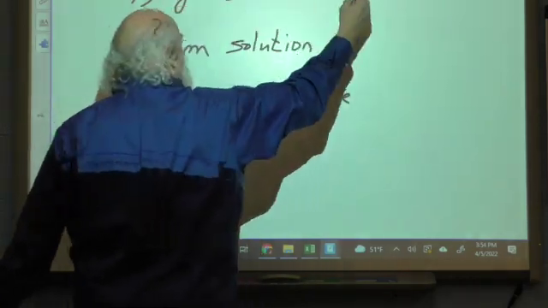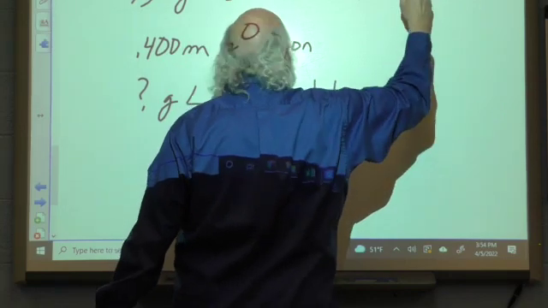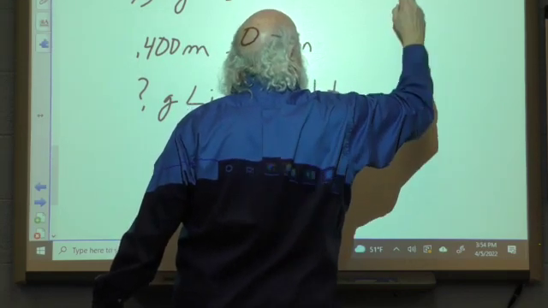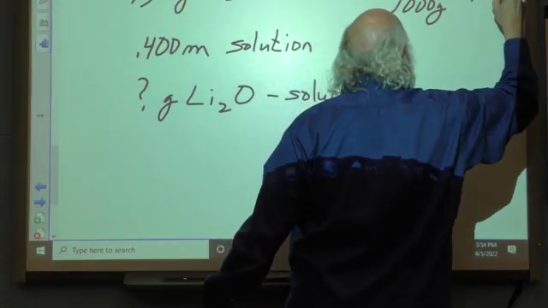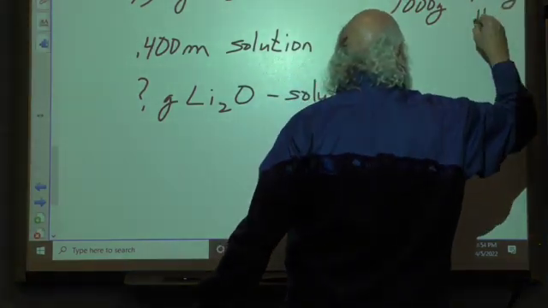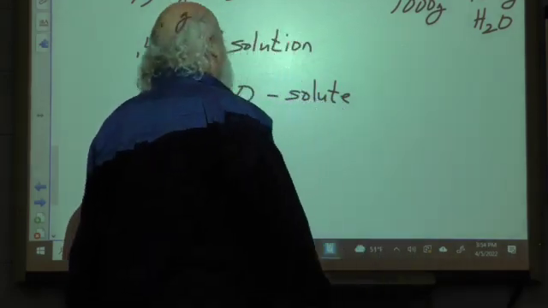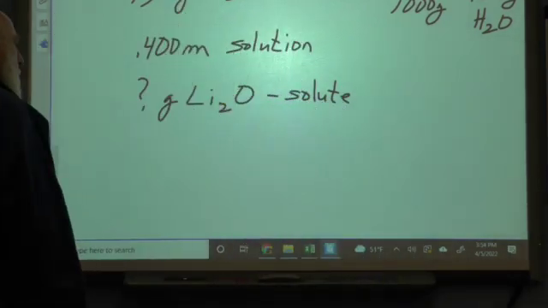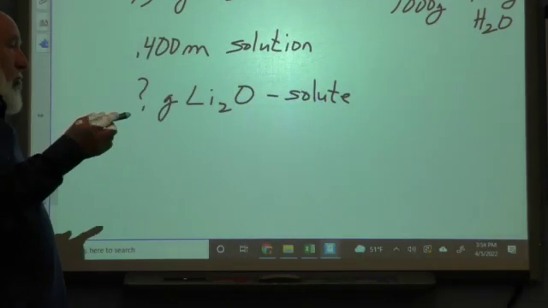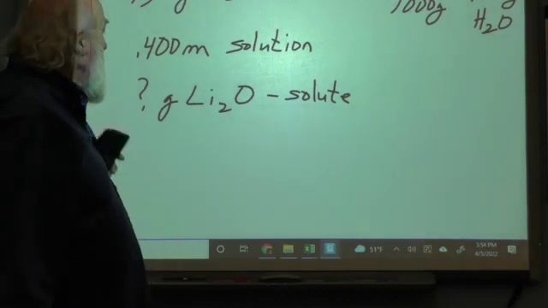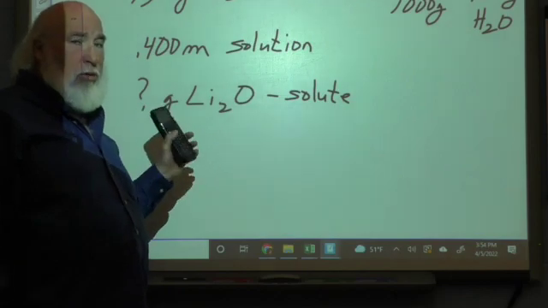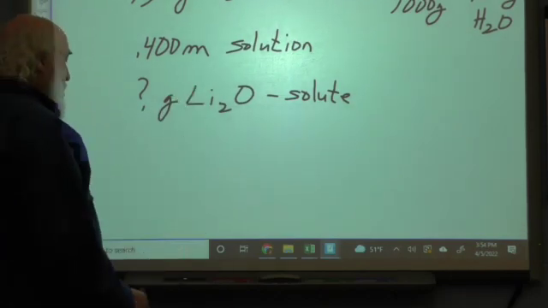So we can change this to kilograms, which we need to do. So 1 kilogram on top, 1,000 grams on bottom, and we get 0.750 kilograms of water. Okay, so now we're going to use the molality formula. Remember, the molality is looking for moles of solute, and we want one more step to get the grams of solute. We have to solve for moles first.